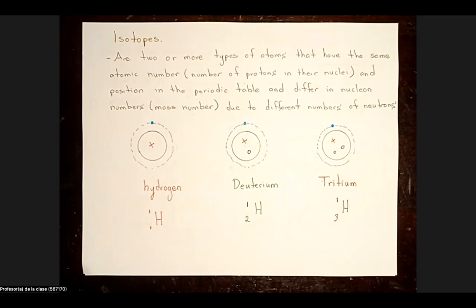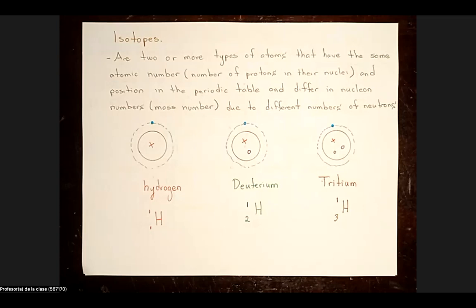So look at this. The isotopes are the same atom, for a particular element on the periodic table, but in this case, the number of neutrons will change.